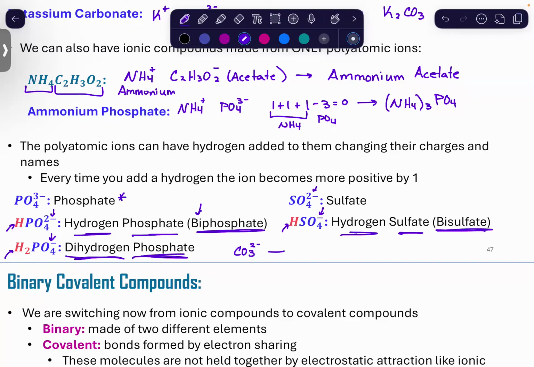So your bicarbonate or your hydrogen carbonate would be HCO3 with a 1-. Sodium is a +1. Your sodium bicarbonate would be sodium HCO3, because your bicarbonate or your hydrogen carbonate is its own ion.